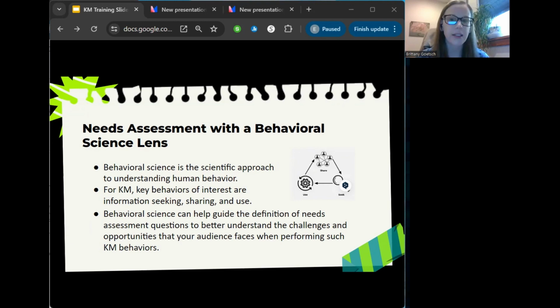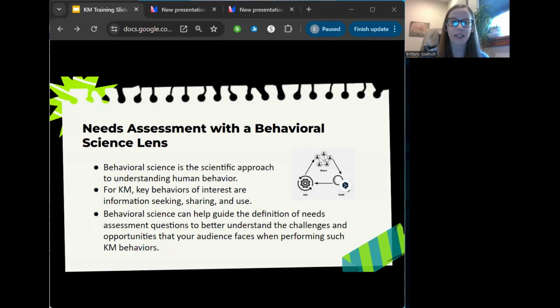For instance, if we'd like to understand perhaps what are the barriers for seeking information, right? We can ask targeted questions that get to that information. Or when we think about what would motivate somebody to perform more of a desired behavior.